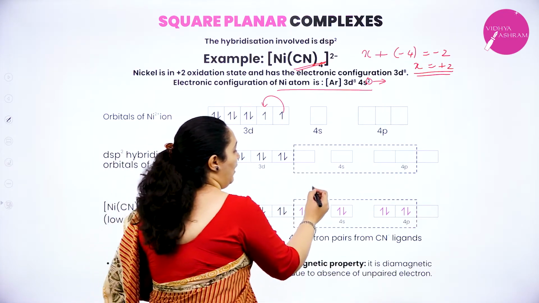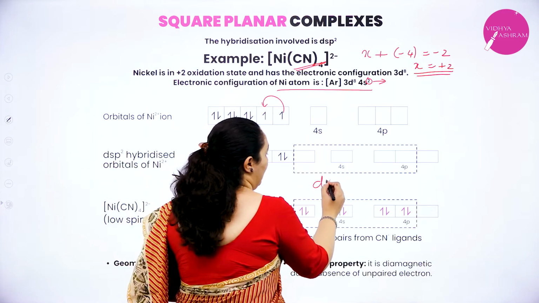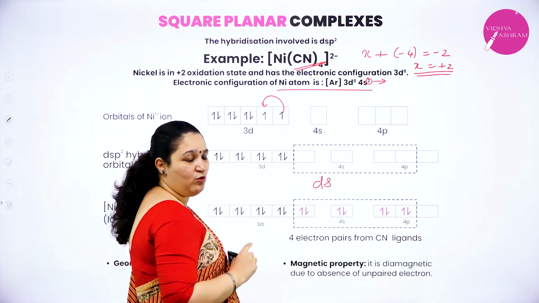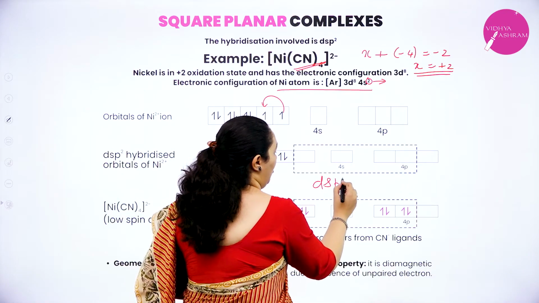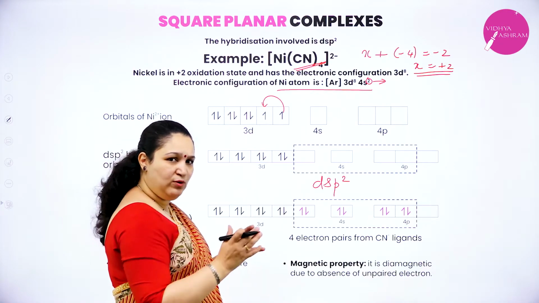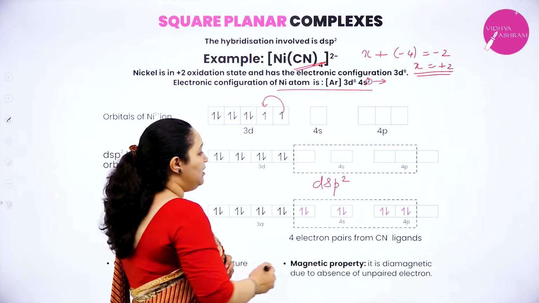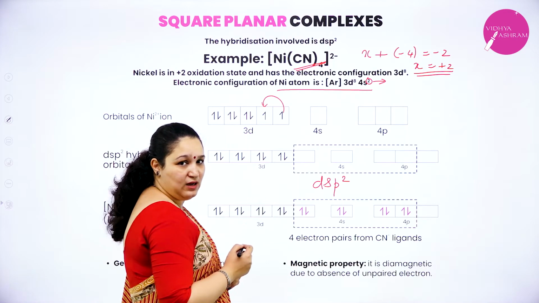I have 1 d orbital from 3d, 1 s orbital of 4s, and I will take up only 2 orbitals of p because I require only 4 orbitals. What is required? Only that we are going to pick up. So dsp2 hybridization will occur.